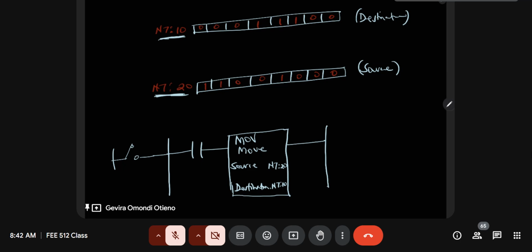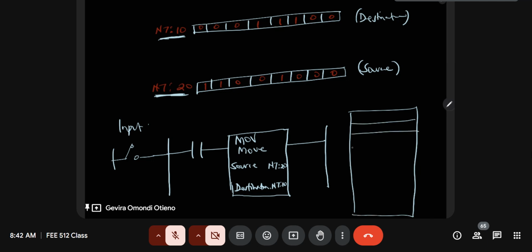So you know the section. Let's say this is sort of like your input. You've got a switch here that, if closed, activates the move instruction. And you have your register, which I'm just writing a portion of, because I can't draw the whole thing to scale.